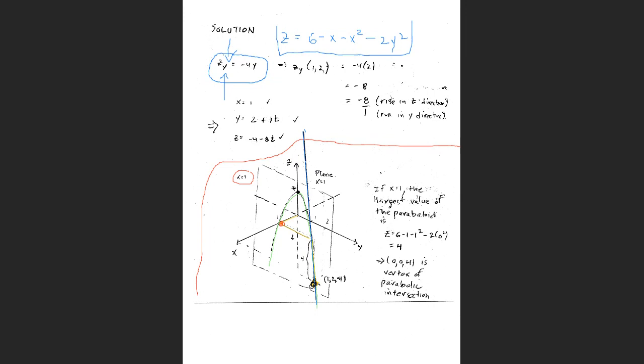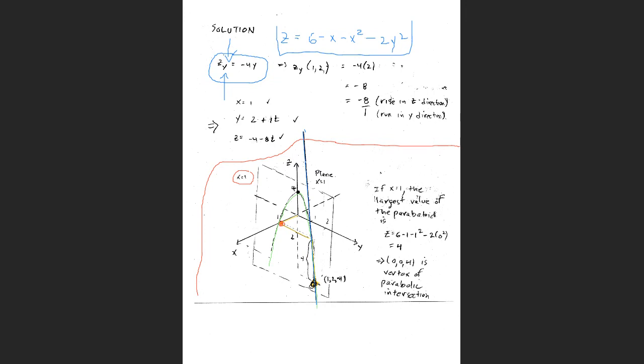Based on that blue tangent line to the parabola at (1, 2, -4). Okay, thank you, Ryan. Yeah, I'm hoping it makes sense. So the height of the tangent line changes with respect to y because x is being held constant. The x coordinates are always equal to 1 for that tangent line.